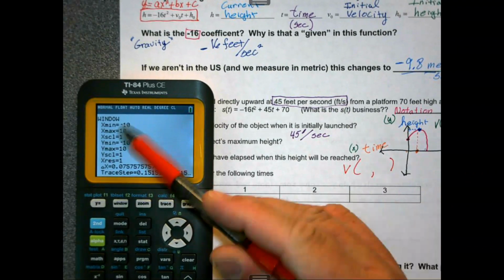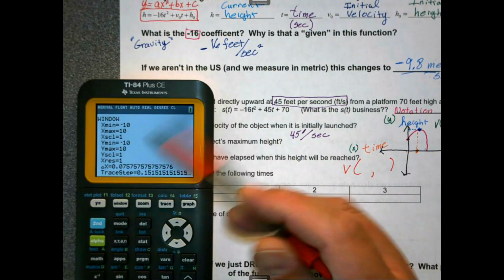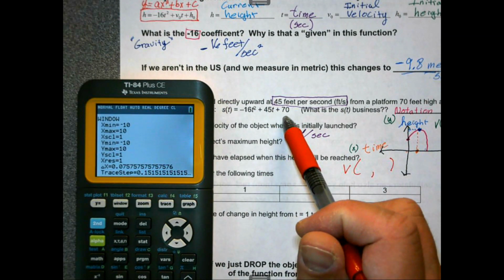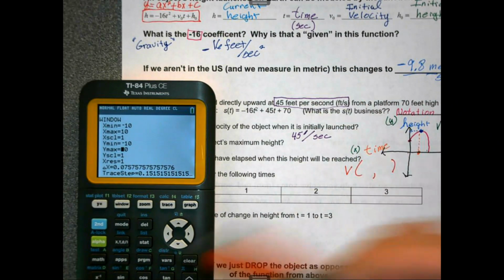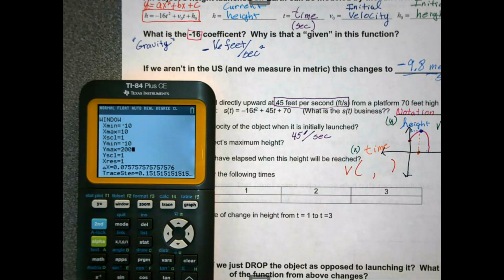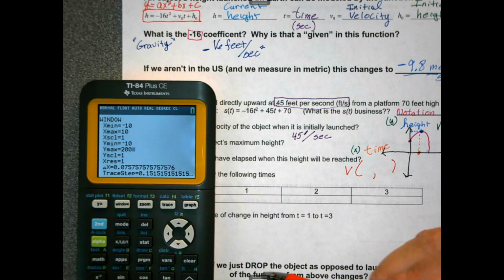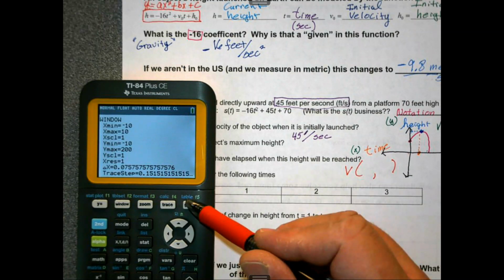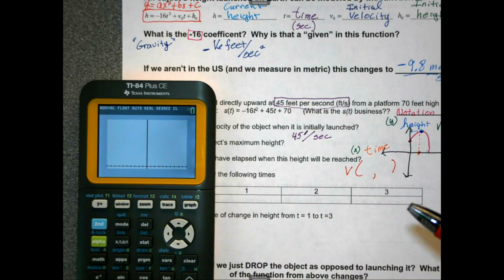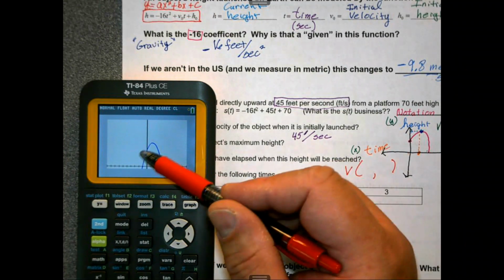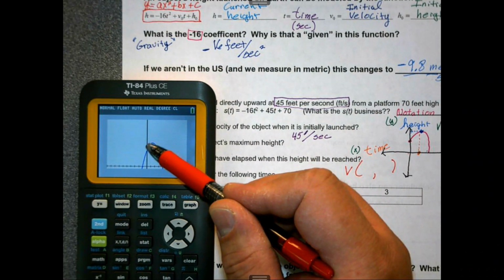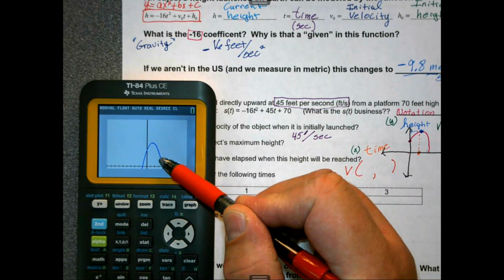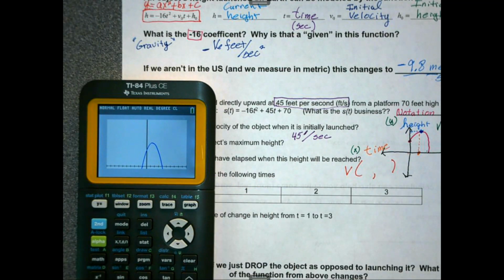See how it's at 10. I know it's got to be at least 70 because that's my initial height, and it's even going to go up from there. Call me crazy, I'm going to put 200 in. I want to make sure I capture that whole parabola. So I'm going to graph it, and there's my parabola. Notice that it starts right there, so that's where 70 is, right? And if I'm looking at quadrant one, that's the trajectory of my rocket.